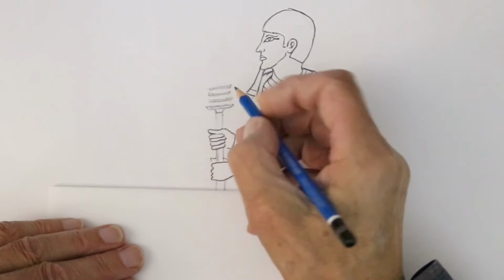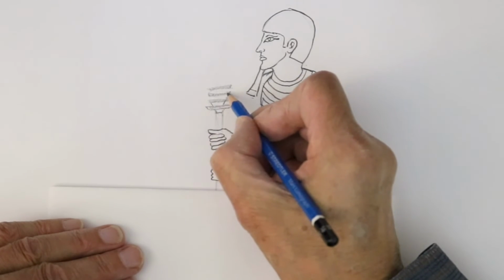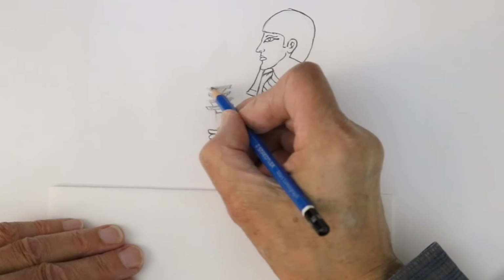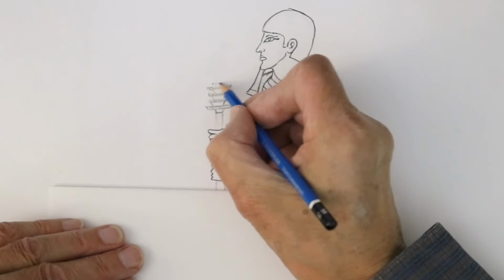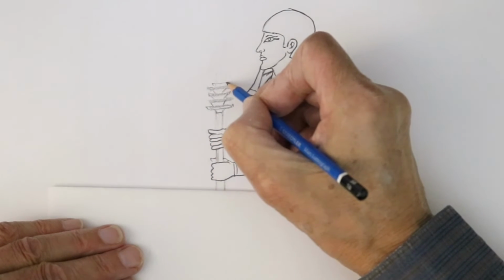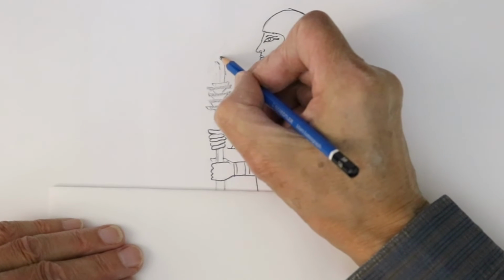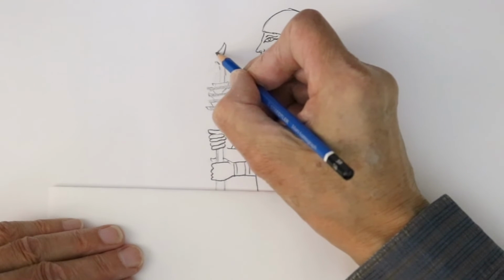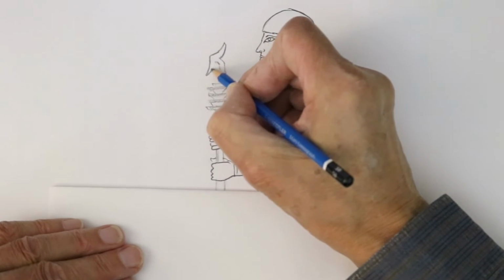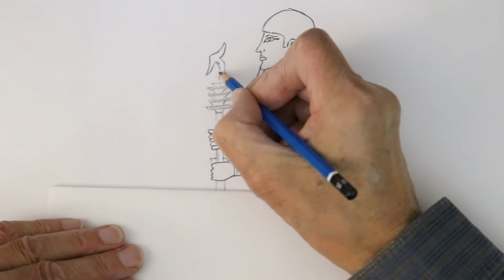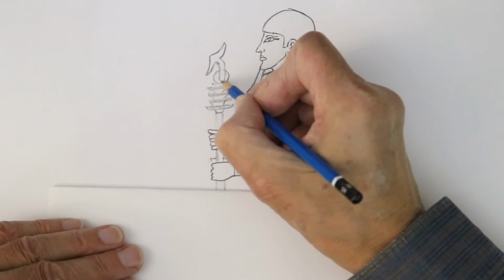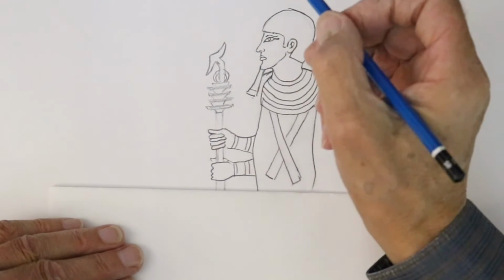Again, I'll put them in properly later. And you've got these supports underneath there. And above that you have this symbol here, coming up to the top of the Was scepter, which has a head like that shape there, coming down. And you have this circular shape coming in there like that.